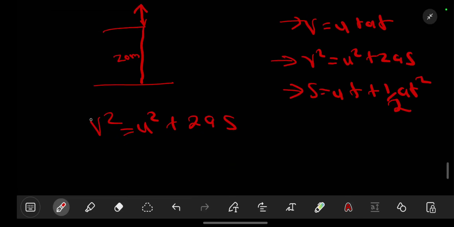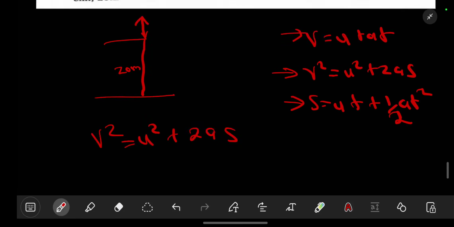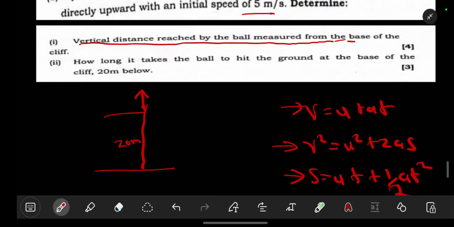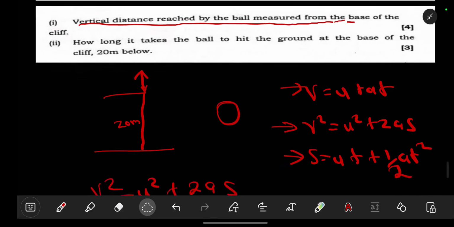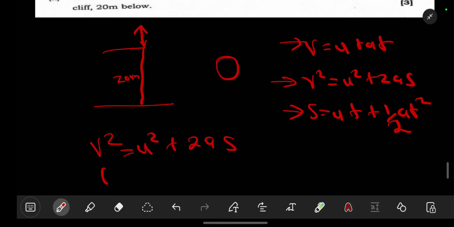The final velocity: the only reason why a particle stops moving is simply because all its kinetic energy has been used up, meaning at that point when it is stationary, the velocity is equal to 0. That is the final velocity. So we are going to say 0 meters per second squared should be equal to the initial velocity.